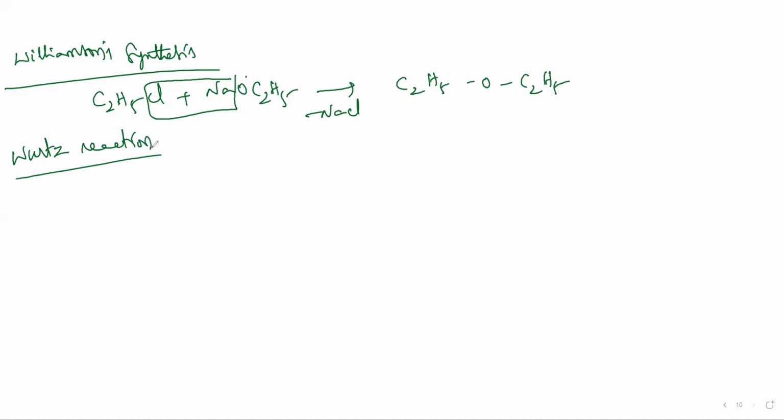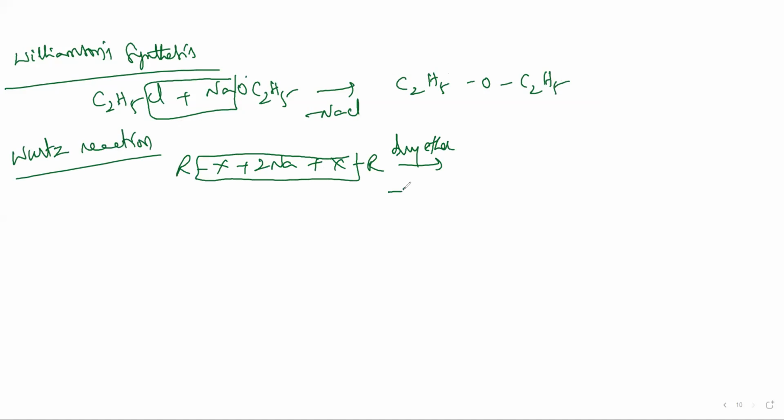Very important, Wurtz reaction, you know very well, right? When alkyl halide is treated with sodium metal in presence of dry ether, minus 2NaX, you get R-R, that means alkanes you will get.